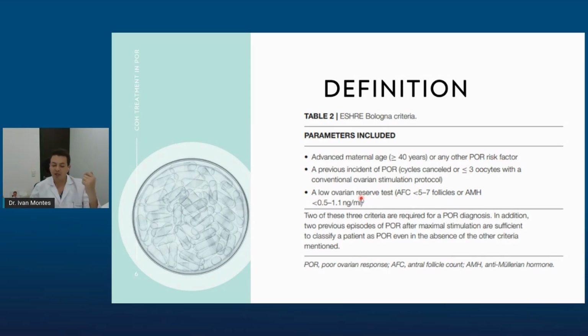And the real problem here is that there are not the same treatment options for patients with less than 35 years old or patients above 35 years old, who are included in the same definition as the Bologna criteria were defined.